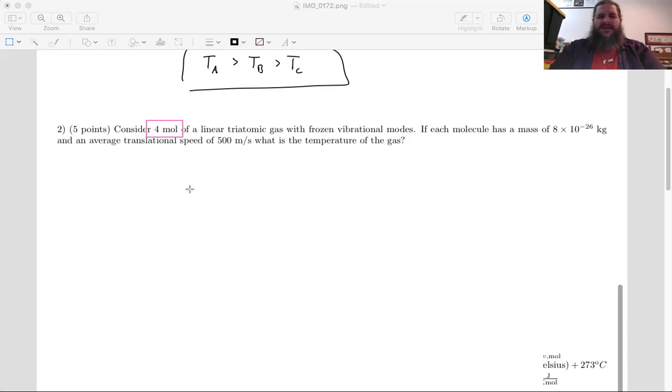Why did we not need that information at all? Why did the number of molecules not become necessary here?